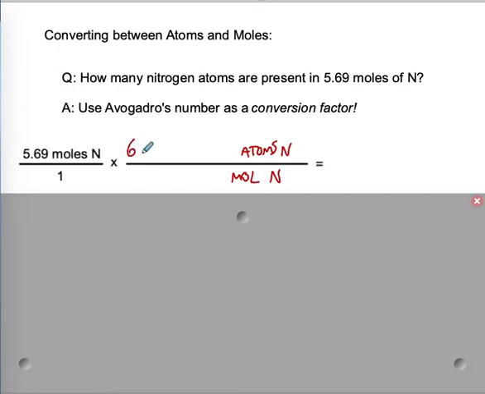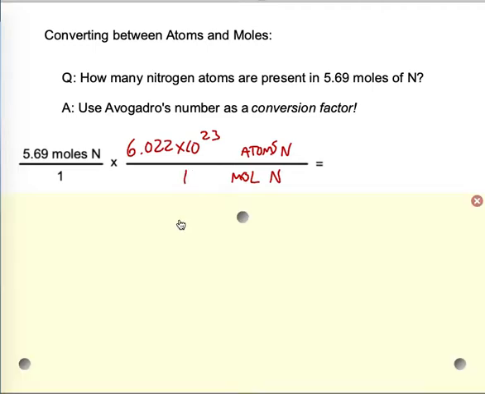So I will put 6.022 times 10 to the 23rd atoms of nitrogen in the numerator and 1 mole of nitrogen in the denominator. Moles of nitrogen cancel moles of nitrogen, and rounding to 3 significant figures, I get 3.43 times 10 to the 24th atoms of nitrogen.